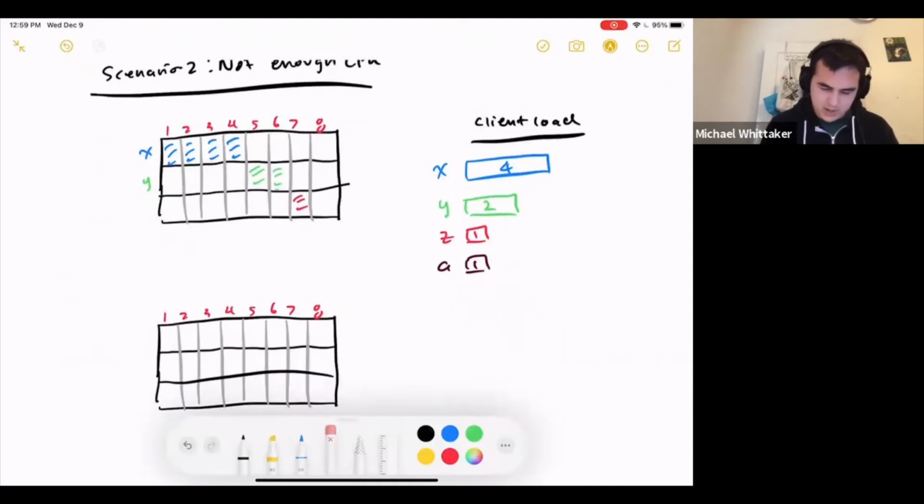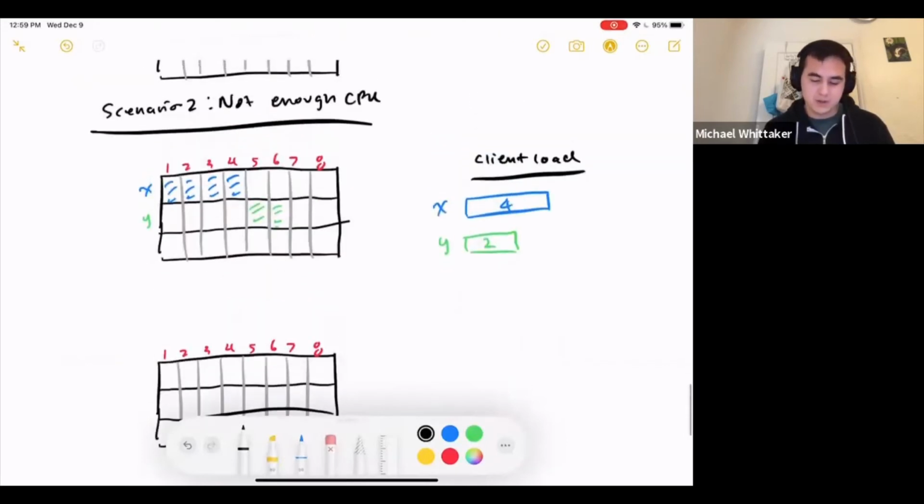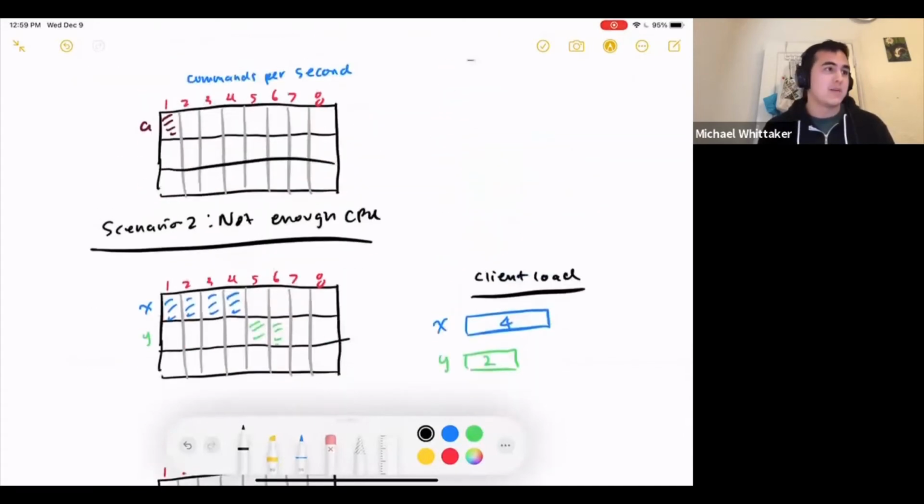So imagine now we only have 1 replica, and I'm a client, and I'm going to show up with key Z, and I want 10 commands per second. Well, this replica can only process 8 things per second, and now I'm trying to give it a load of 10. So I could try to put Z in here, but it won't fit.